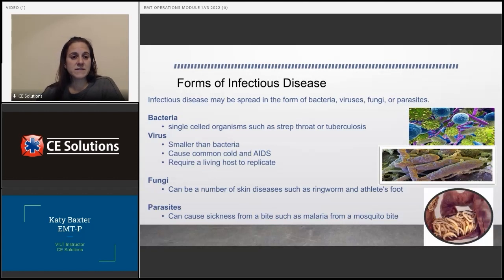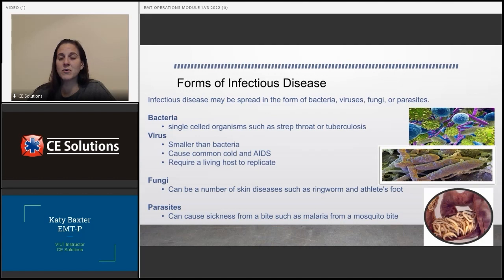Forms of infectious disease. It spreads in many different ways. You can have bacteria, virus, fungi, parasites. Bacteria are single-celled organisms such as strep throat or tuberculosis. Virus is smaller than a bacteria.